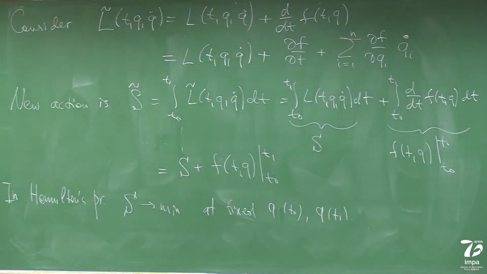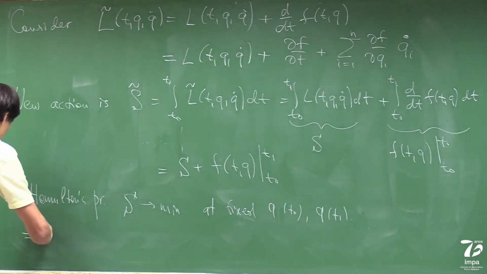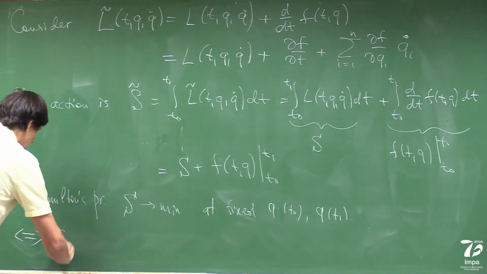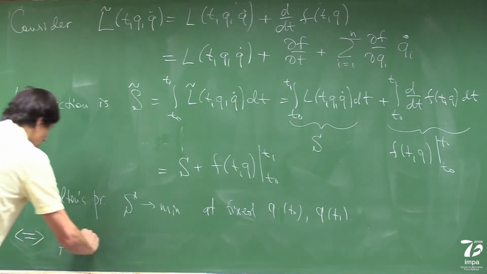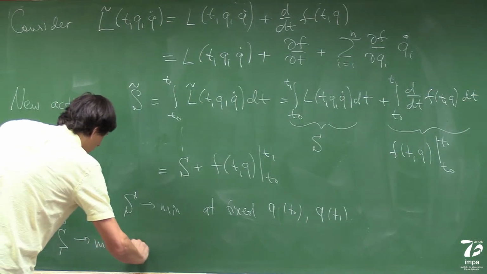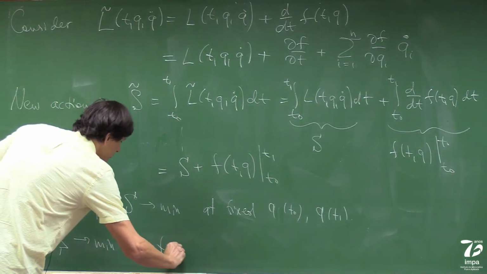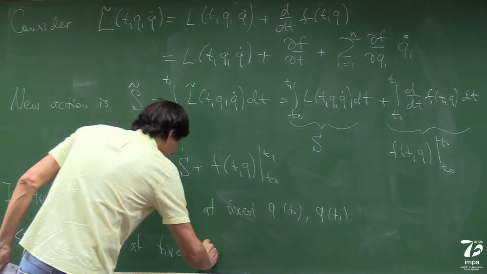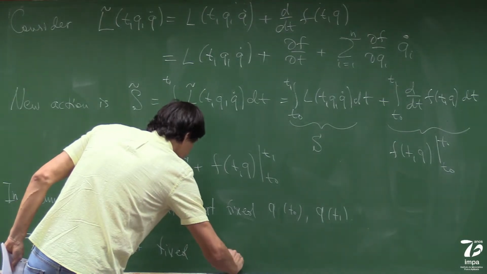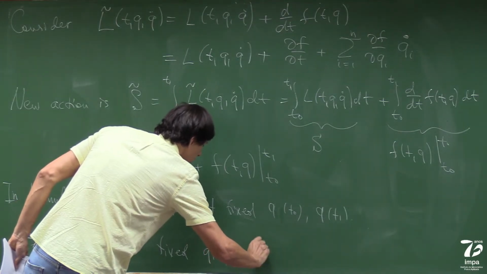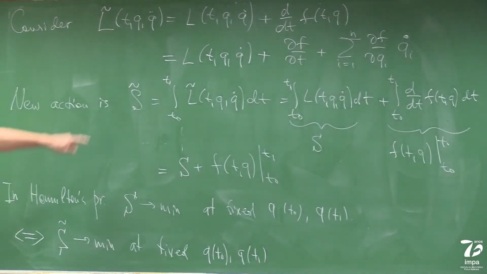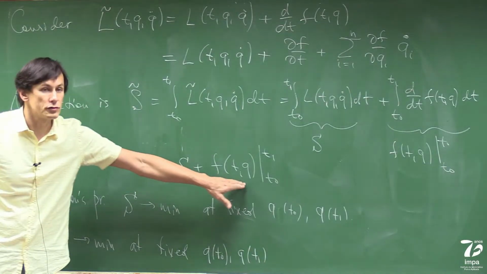And you can see that it's exactly equivalent to the condition that S tilde attains the minimum at fixed ends. So you see the value of S is different because of this new term.